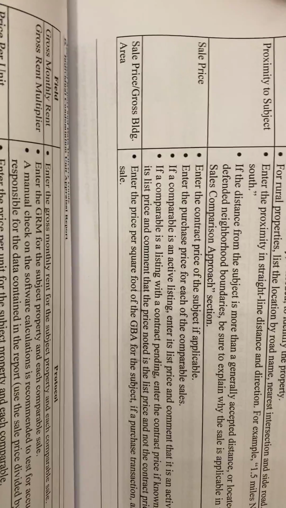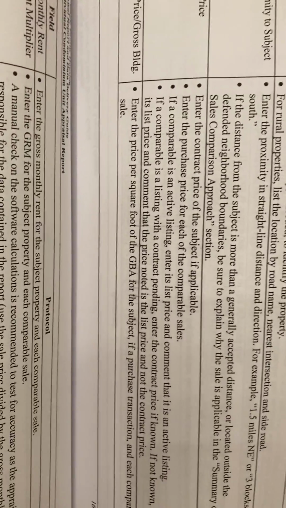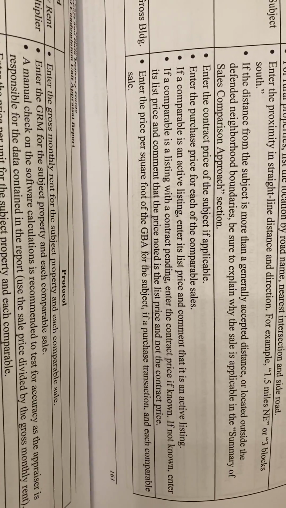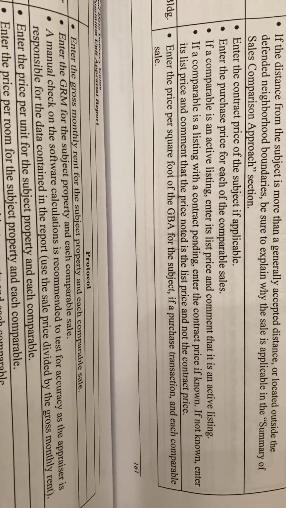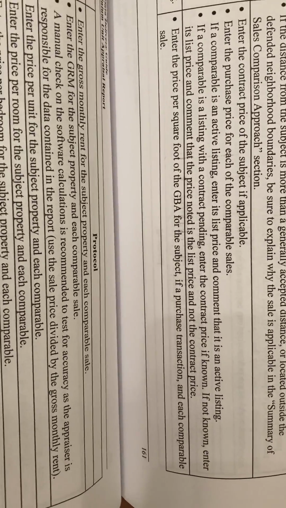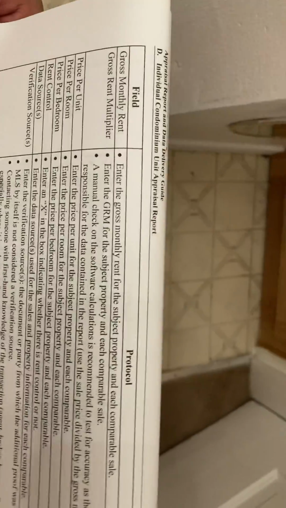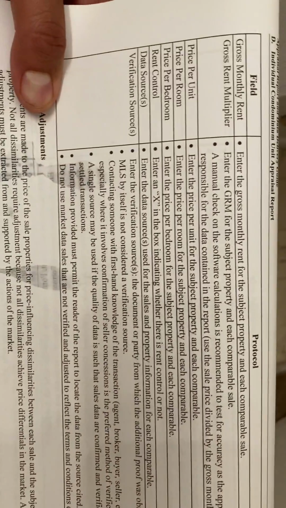Field. Sale price / gross building area. Protocol. Enter the price per square foot of the GBA for the subject if a purchase transaction and each comparable sale. Page 247.